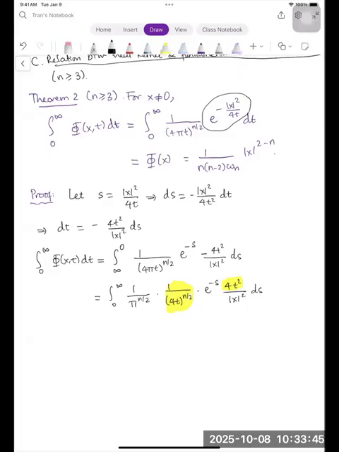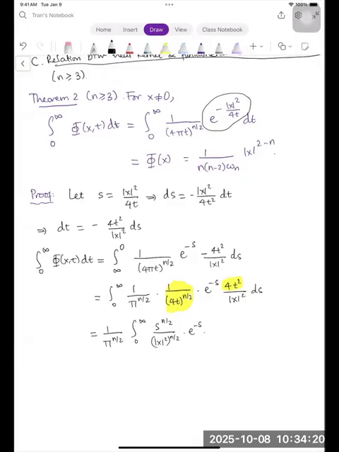So this equals, I take this one out, 1 over pi to the power n over 2, integral from 0 to infinity. The first term is nothing but s to the power n over 2 over x squared to the power n over 2, because you can see that 1 over 4t is exactly s over x squared, times e to the minus s times 4t squared.